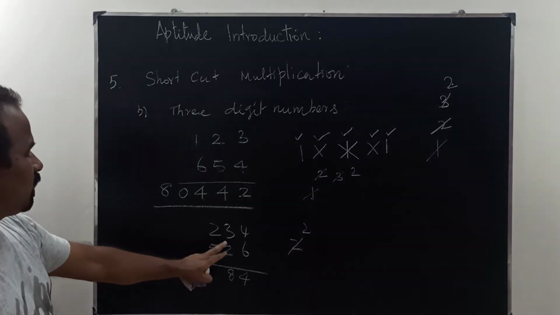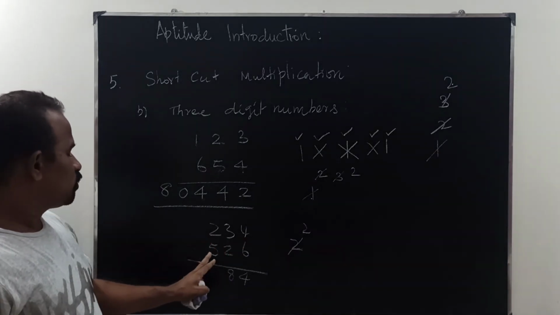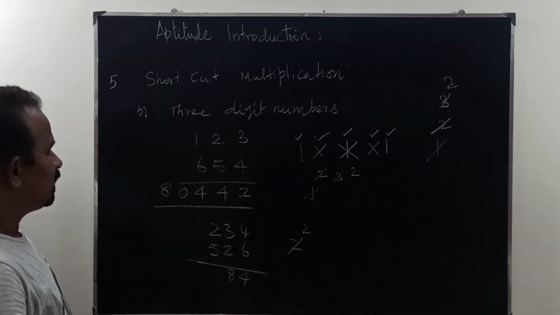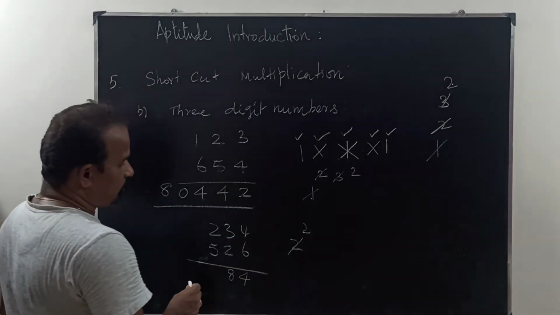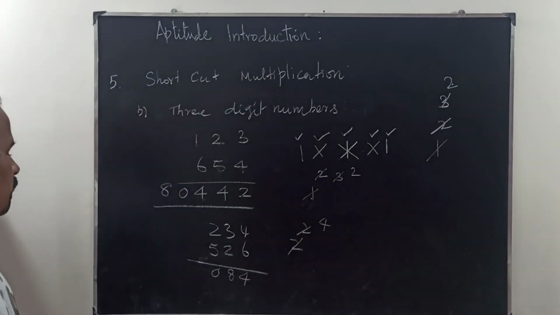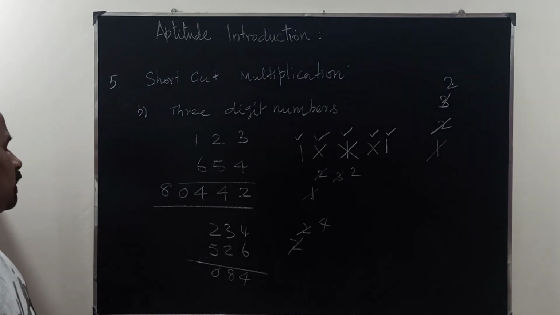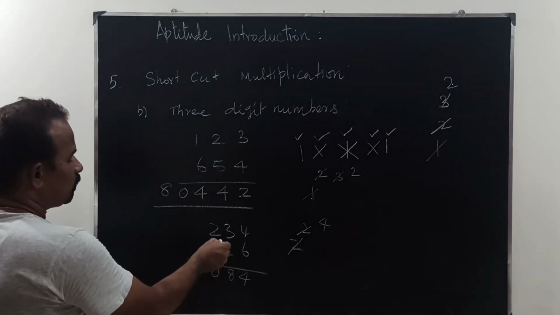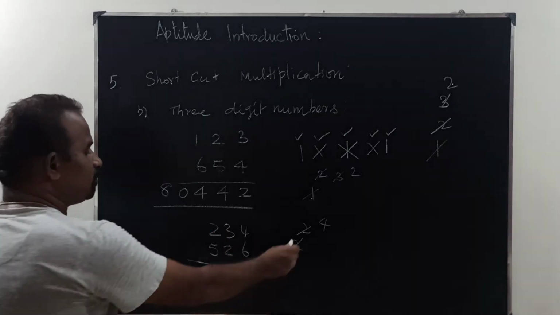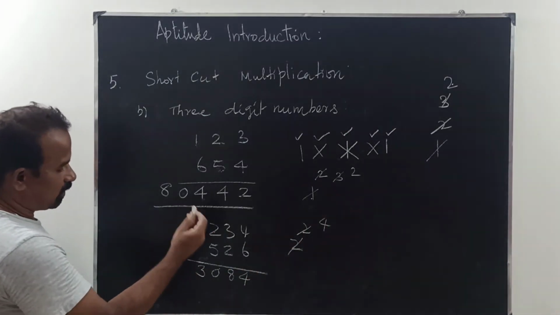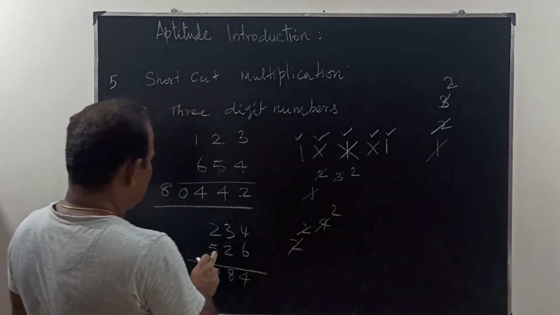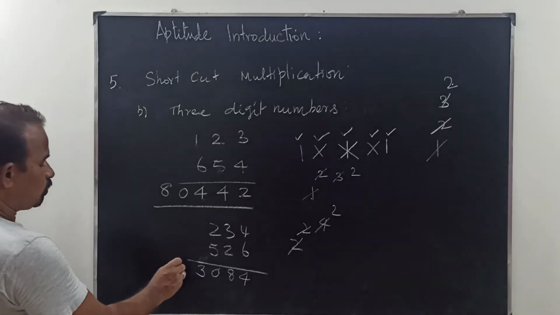Okay, then 12 plus 20 is 32, 32 plus 6 is 38, 38 plus 2 is 40, remaining 4. Okay, then 4 plus 15 is 19, 19 plus 4 is 23, remaining 2. 10, 10 plus 2 is 12.